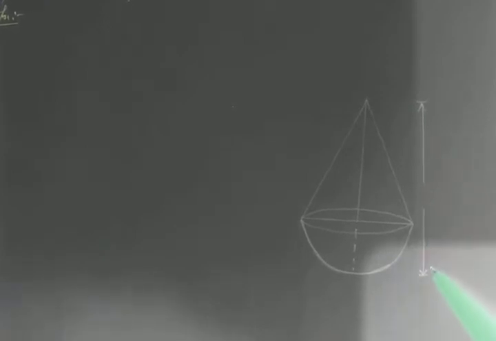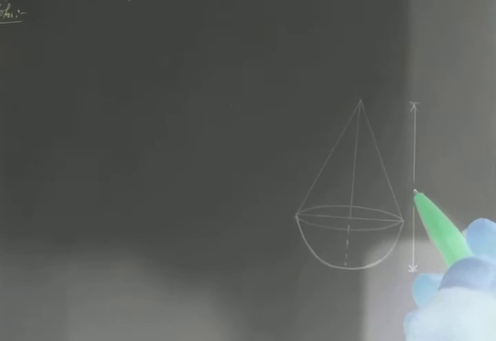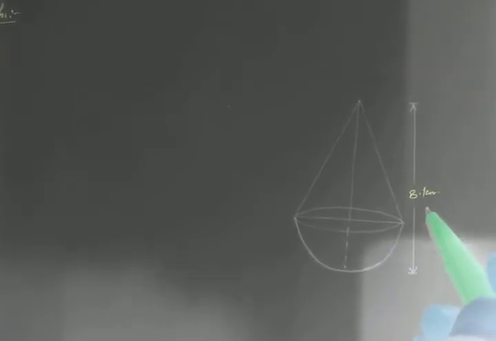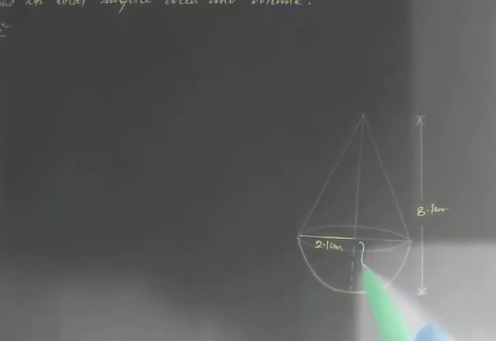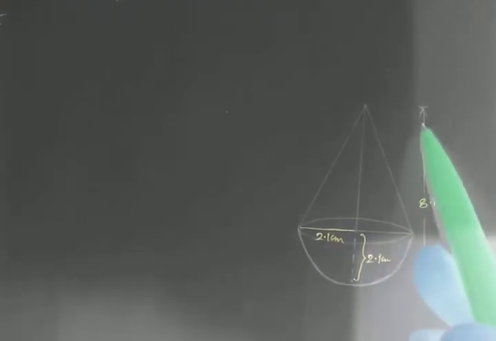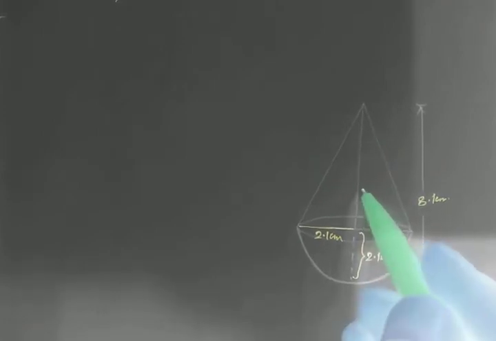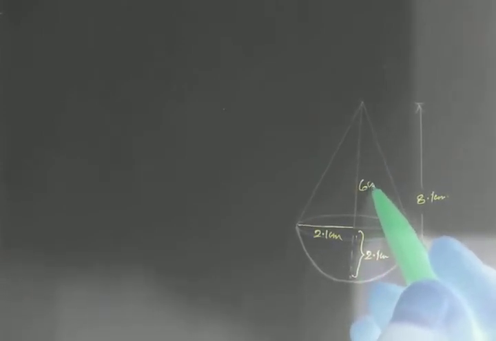This is the total height of the toy, which is 8.1 centimeter, and the radius of this is 2.1 centimeter, which means this portion will also be 2.1 centimeter. So if the whole length is 8.1, the height of the cone alone will be 8.1 minus 2.1, that is 6 centimeter.